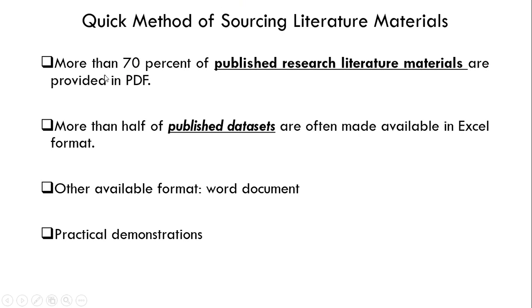By the time you go to those search engines and key in a topic that you are trying to get related materials on in order to read and get started, you discover that most of the published literature materials are provided in PDF format. It doesn't mean that you cannot also get other material in other formats, but often more than 70% of published research articles are provided in PDF format.